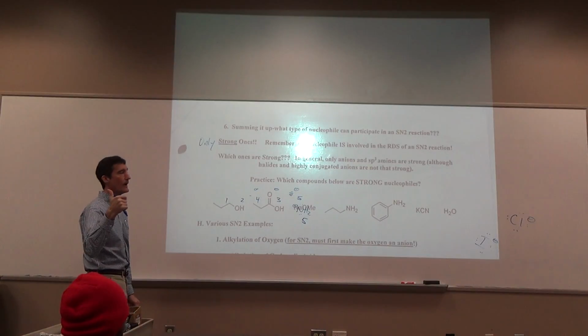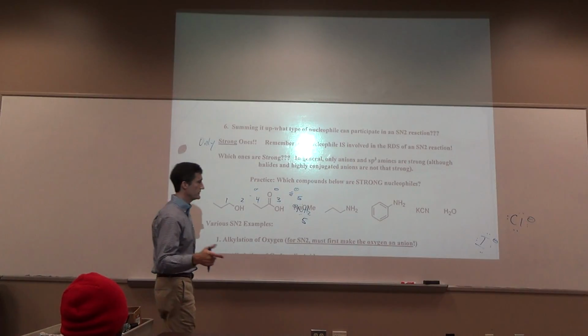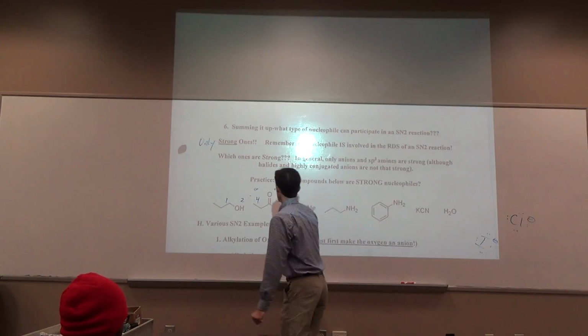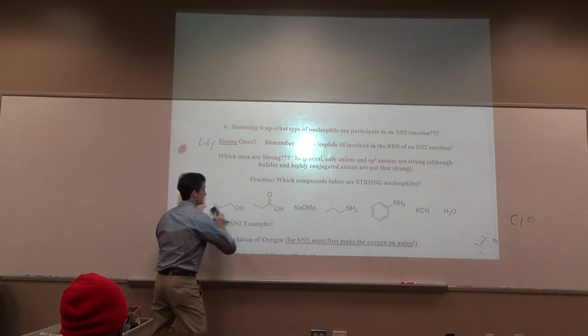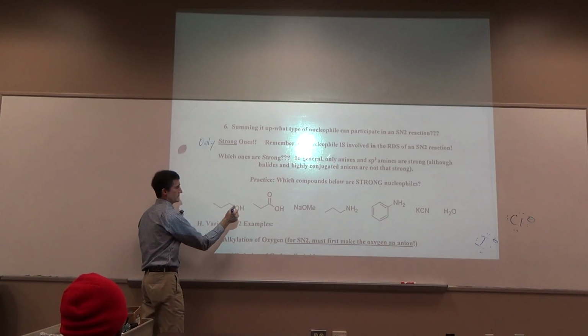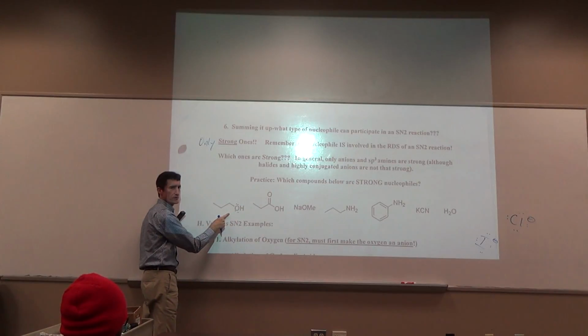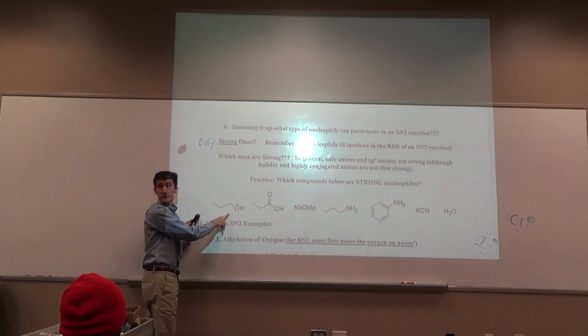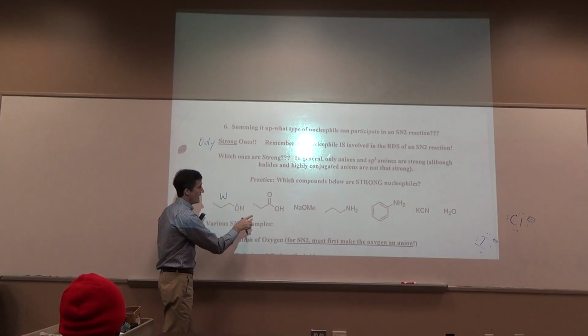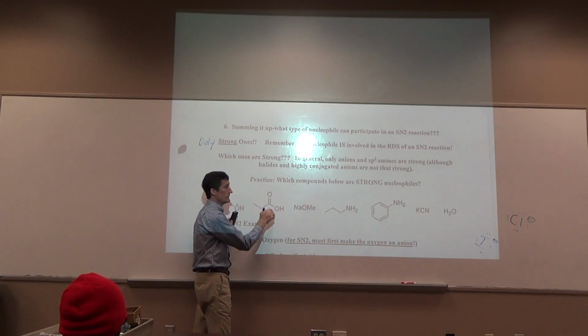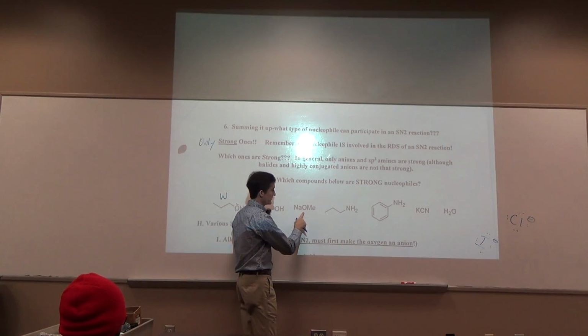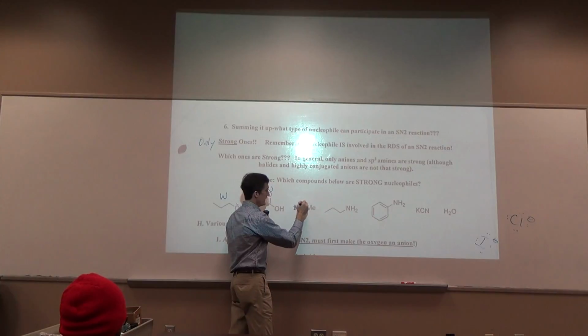Anions, sp3 nitrogens. Okay, let's classify these as weak or strong. This guy has lone pairs, so it could be a nucleophile. Is it an anion? Is it an sp3 nitrogen? So what is it? Weak. That's O minus.